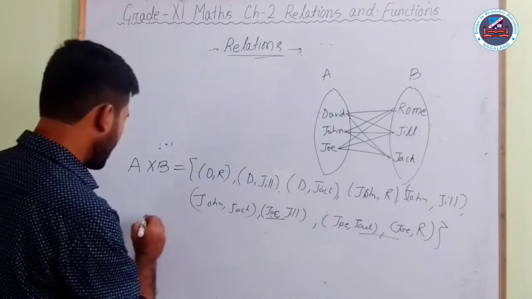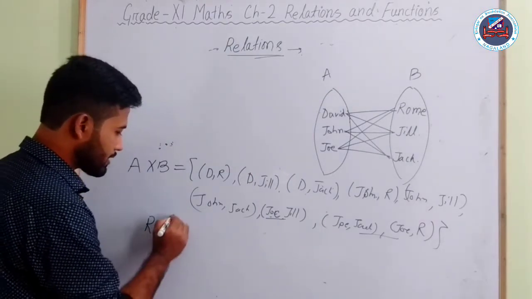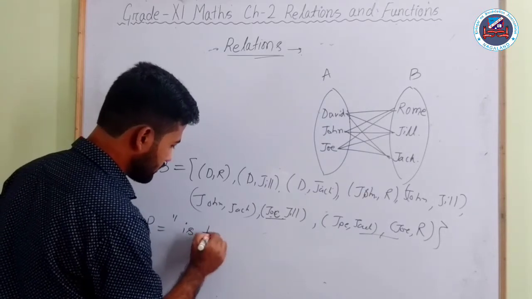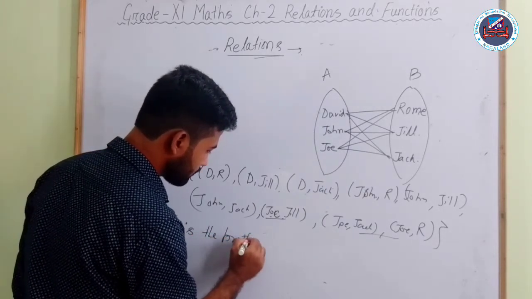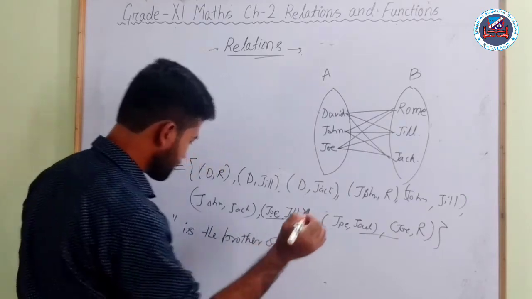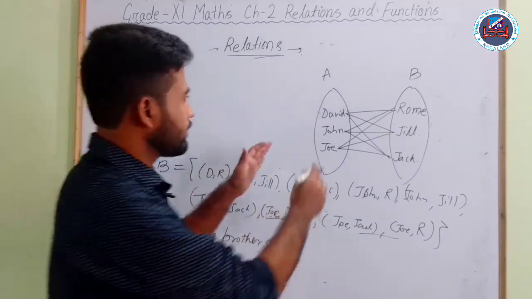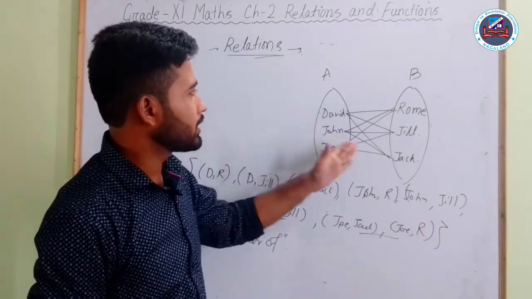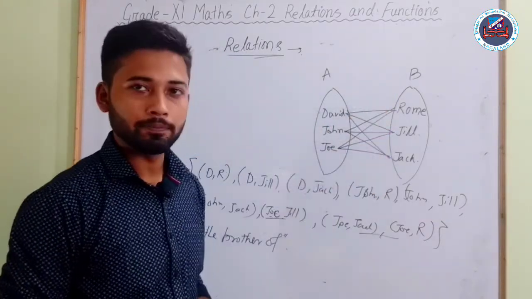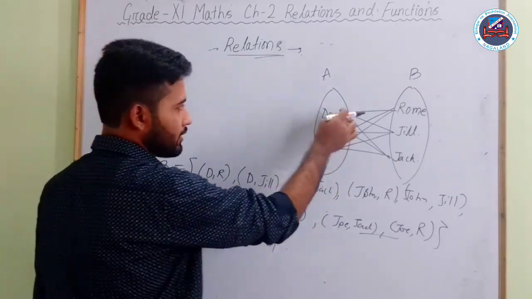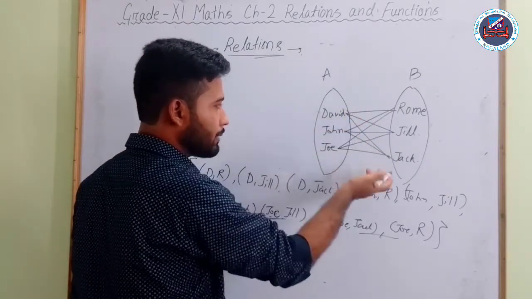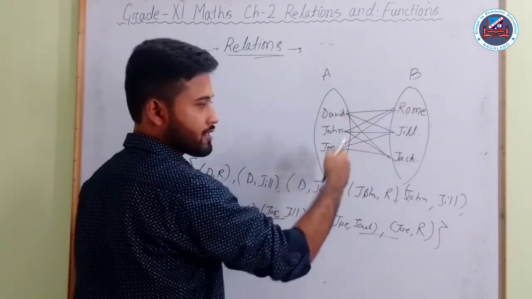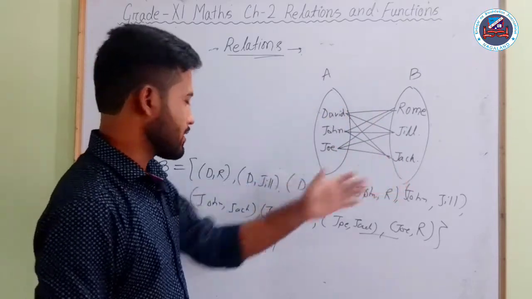Now suppose I define a relation R as "is the brother of". Let me define the relation so that certain persons from set A are the brothers of certain persons from set B. In general, it is not possible that all the persons here are the brothers of these persons.